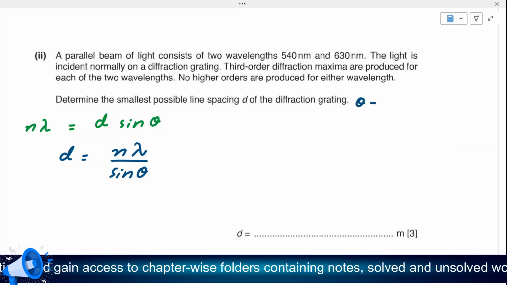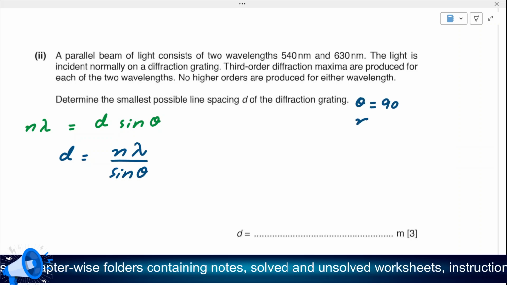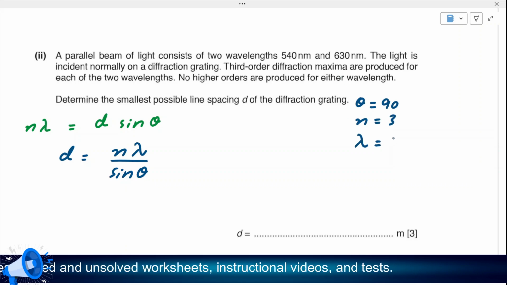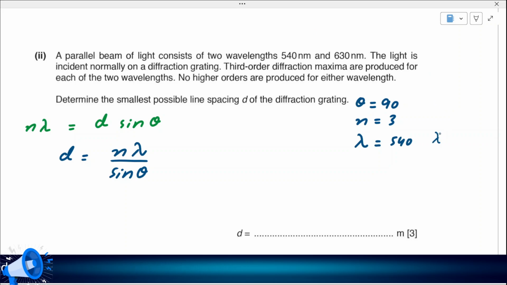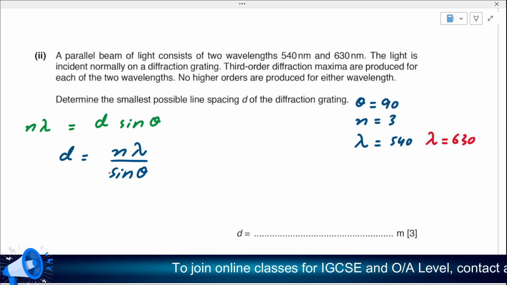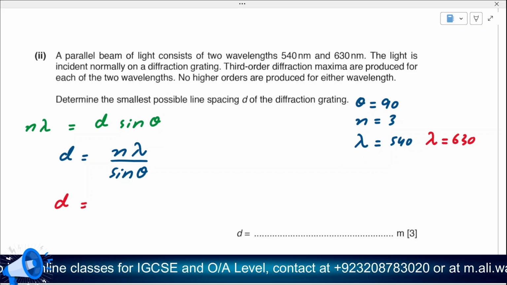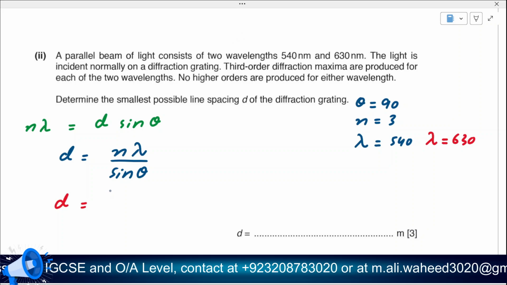So theta is equals to 90, n equals to 3, and let's say the first wavelength is 540. We'll do it with 540 first, and then we'll do it with 630. We'll do it with both. I don't even need to write sine 90 because sine 90 would be 1 anyway.